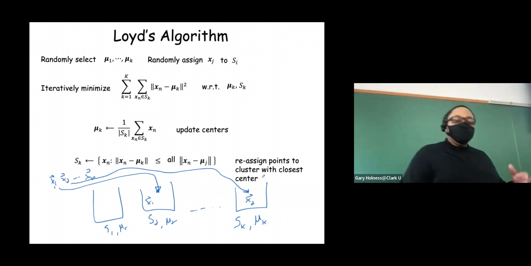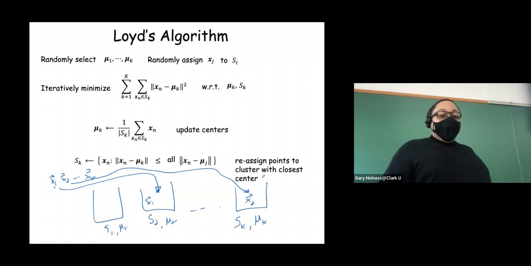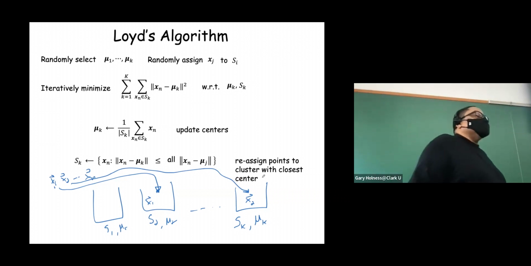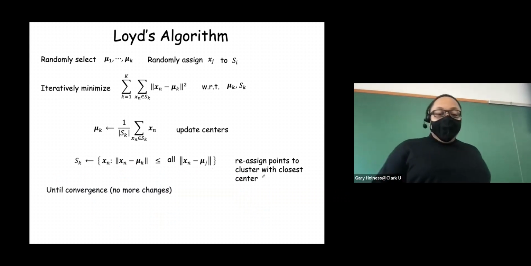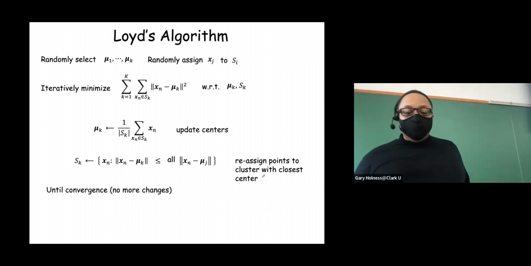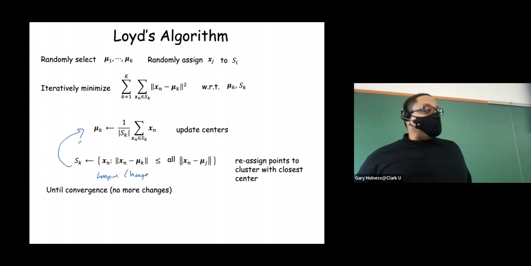So now that you've reassigned your points to the closest center, that means the grouping changes from what you first assigned. So what do you do? Now that the grouping has changed, you go back to that first step.